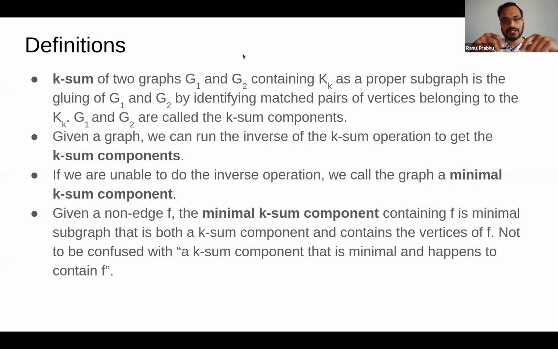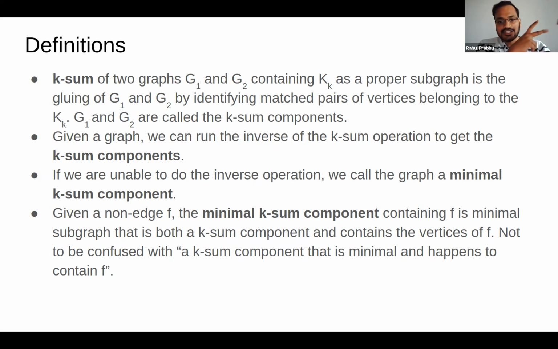When you do this operation, G1 and G2 are called the K-sum components. Given a graph, you can run the inverse operation, where you separate them and then you have the two K-sum components. When doing the inverse operation, if you're unable to do this separation by identifying a common clique, then we call it a minimal K-sum component.